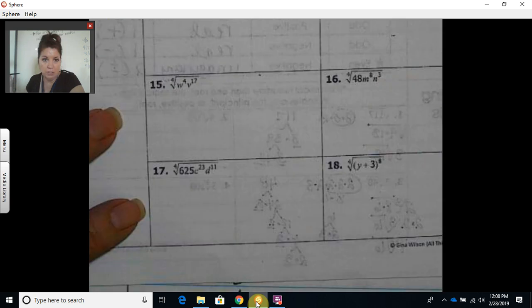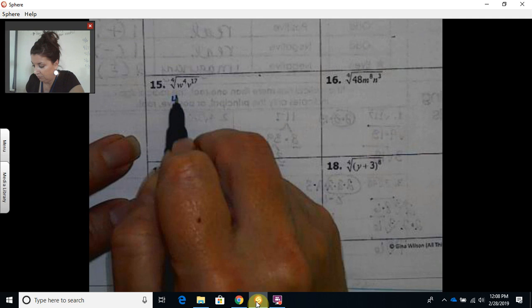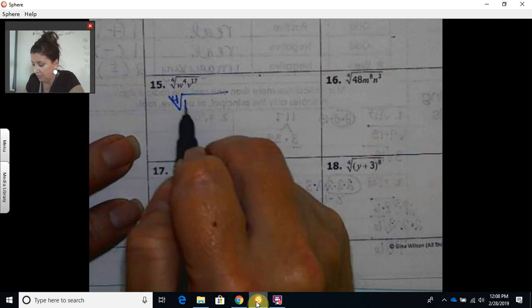All right, so the coefficient inside the radicand, just 1, is my base, right? So we don't have to deal with that. Is w to the 4th a perfect 4th? Yes. So I'm not going to break it down. How about v to the 17th? Is that a perfect 4th?